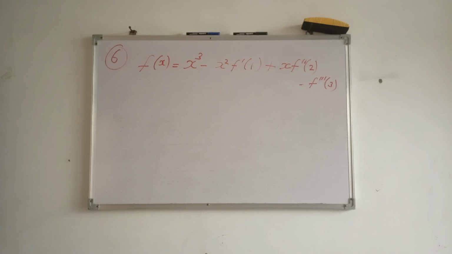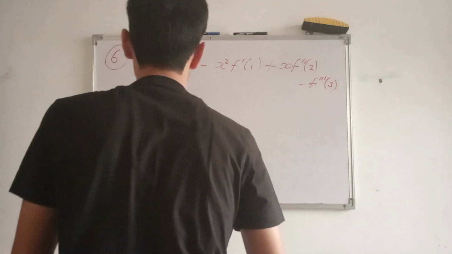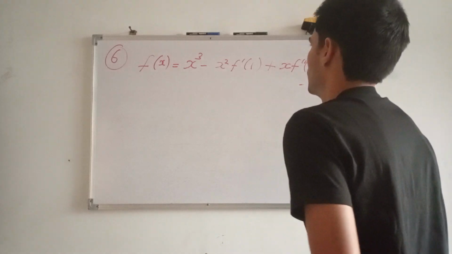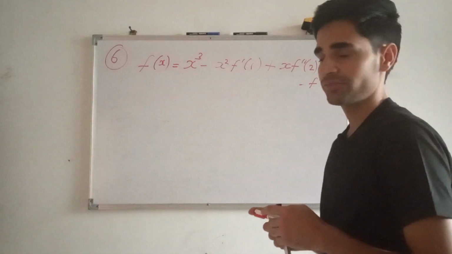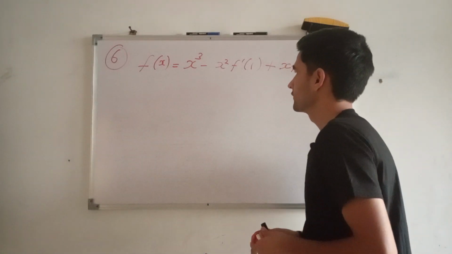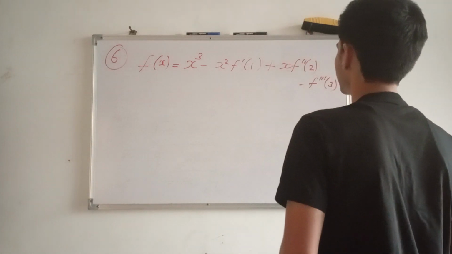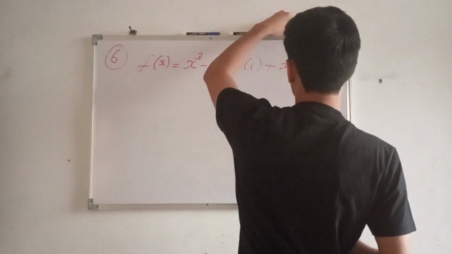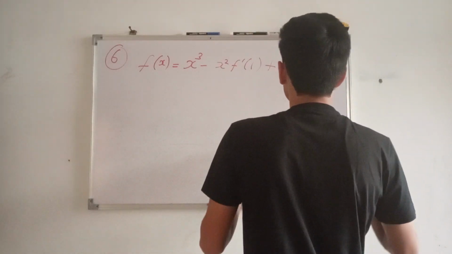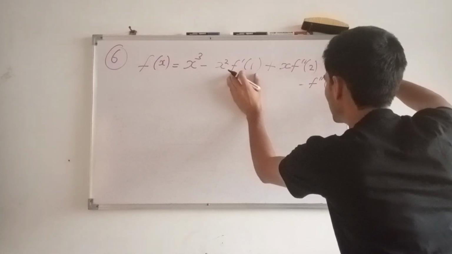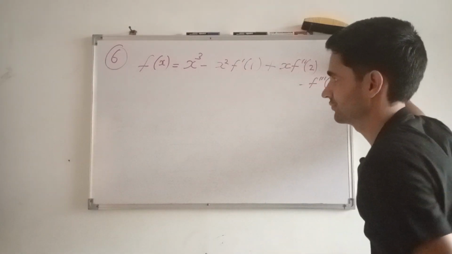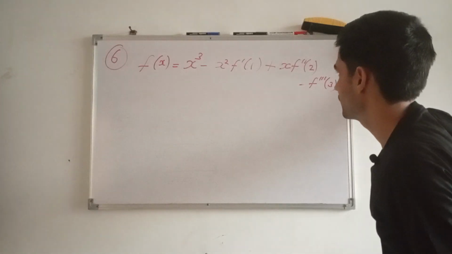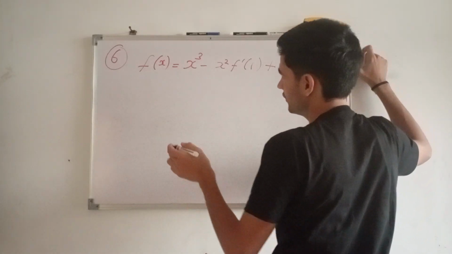Now a few expressions are given, like 3f(1) plus f(2) is equal to 3. We need to select which of these options is correct. So we need to find f(x) in terms of x. Now how can we do that? These are the constant terms: f'(1), f''(2) and f'''(3). These will always remain constant.